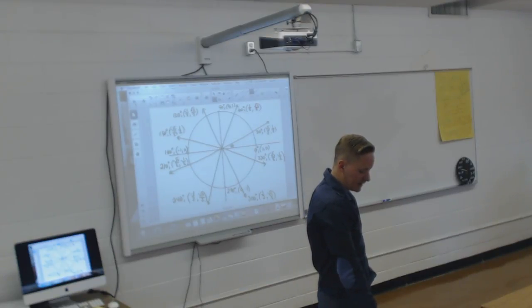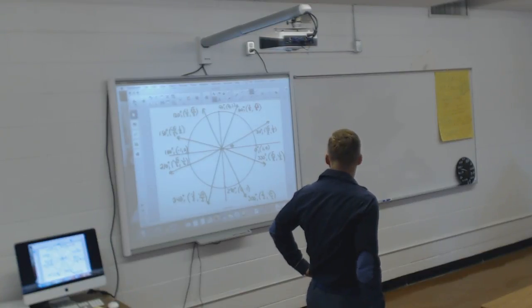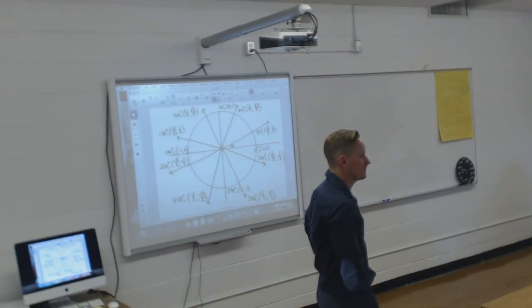So the sine of 120 is? Don't use decimals. It's not the right answer either, though. What's the sine of 120? Look at your circle right now.